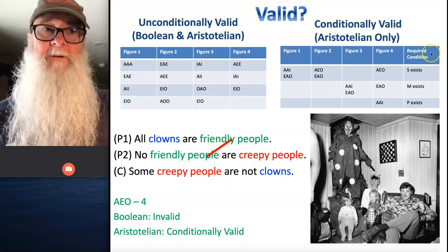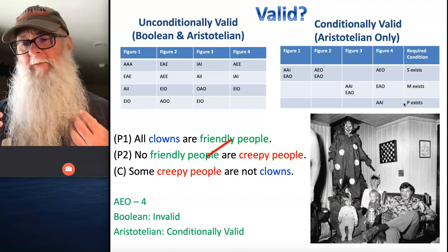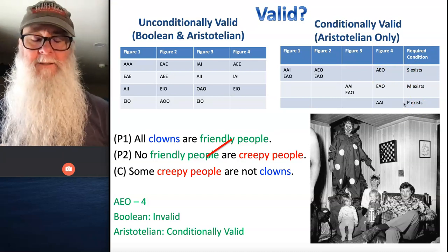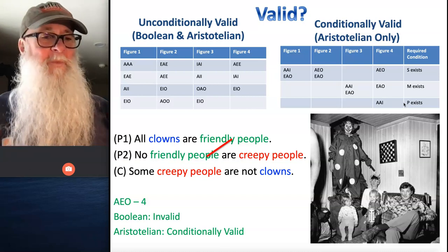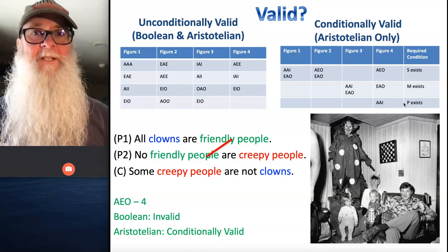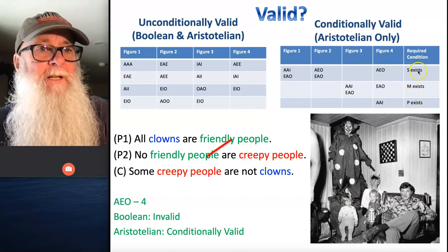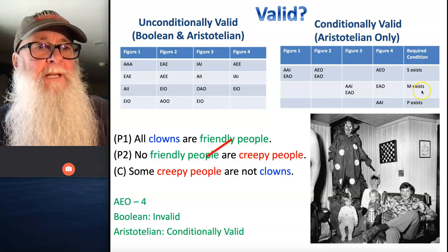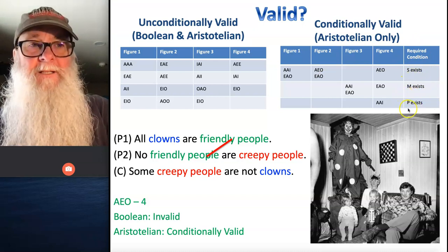Now, here's a really important feature of these charts. Remember that for an argument to be valid from the Aristotelian standpoint, we have to satisfy the condition of existence. And this column here in our chart tells us which of the terms in our categorical syllogism has to refer to an actually existing thing.